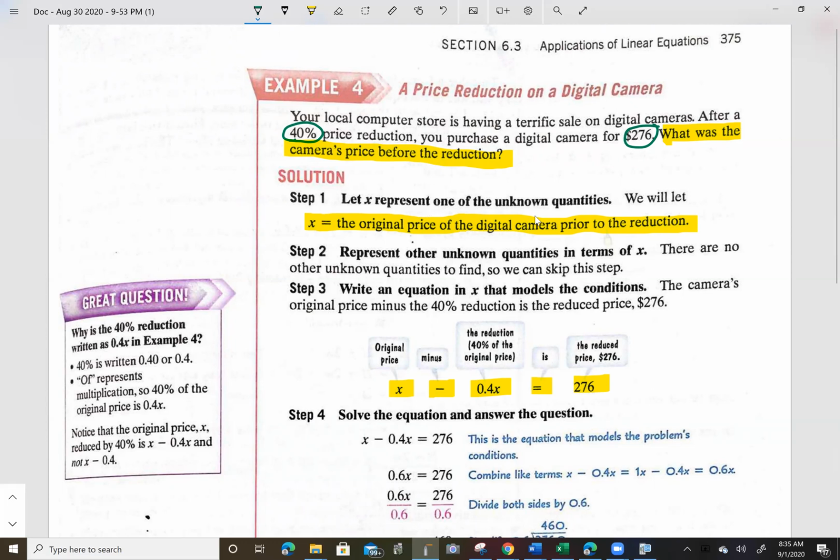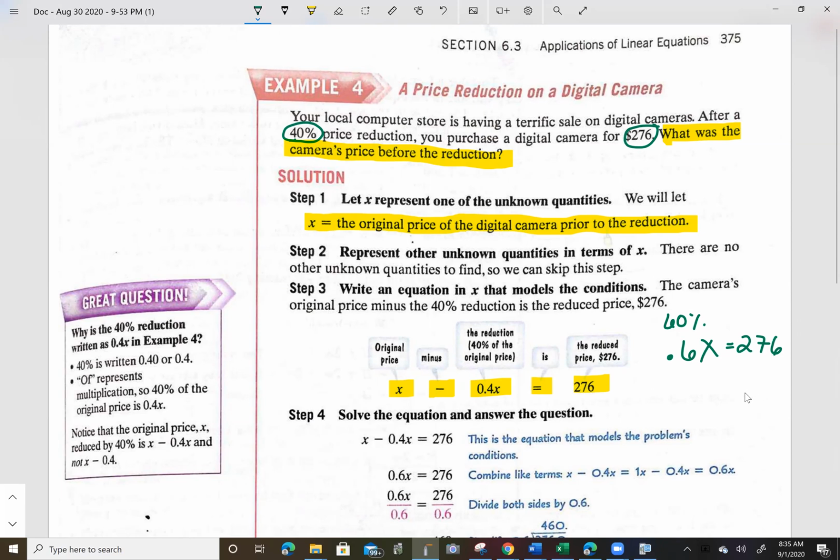If the price of the camera is 40% off, that means we're still paying 60% of the camera. So you could also set it up as: X is the original price and we are paying 60% of, which is times, that original price, and our answer is 276. You could write your equation either way.